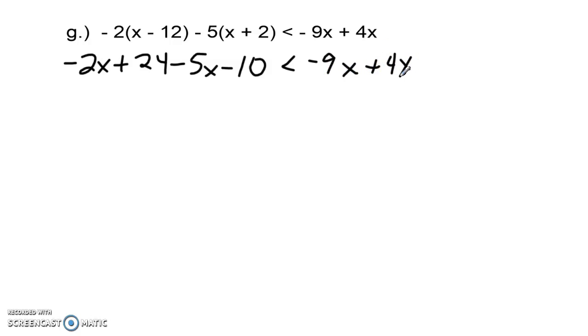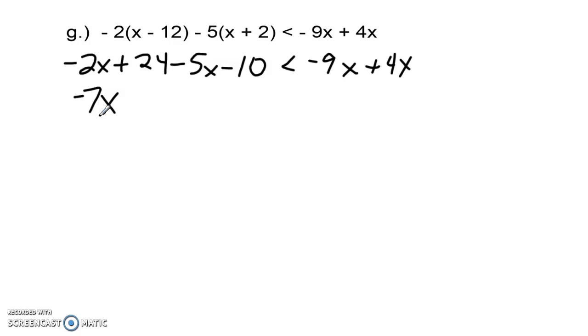So on the left now, we're looking to see if we have any like terms. So I have this negative 2x. Do I have another x that I could add or subtract from that? I do. I have 5x that I'm going to subtract. So a negative 2 minus 5 is a negative 7x. And then with the 24, I have a minus 10 that I need to do for that 24.